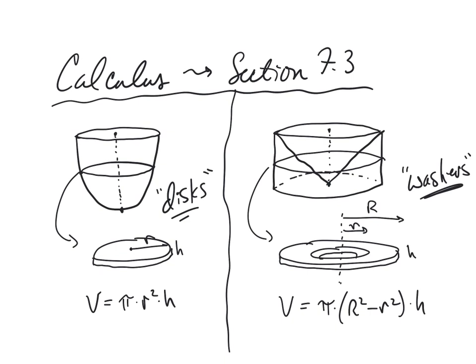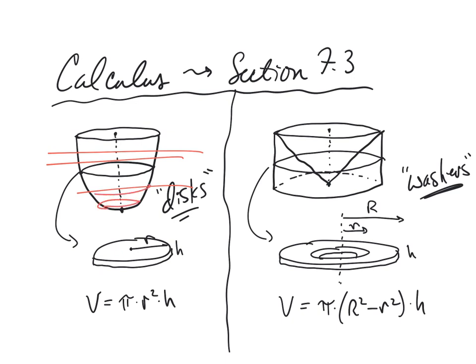So far what we've done is we've looked at finding volumes using disks. So creating a three-dimensional shape, then slicing it. And in some cases, the slice turns out to be what's called a disk, which is just shorthand for a real short cylinder. And what we're doing then is stacking up an infinite number of these disks.